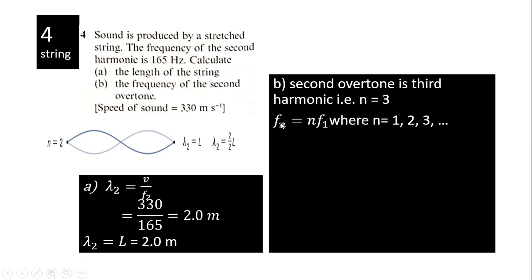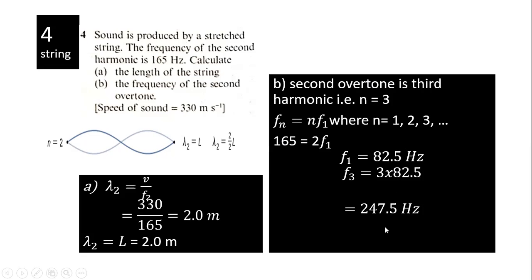For the stretched string, Fn is n F1. So calculate your fundamental frequency first. 165 is the second harmonic, n equals 2, so calculate your F1. Then for the third harmonic, n equals 3, so F3 is 3 times the fundamental. Get your answer.